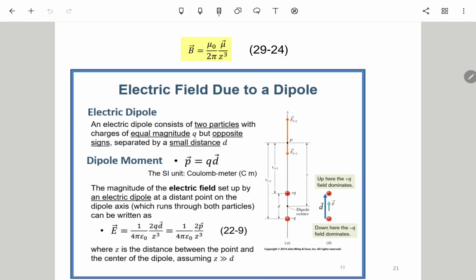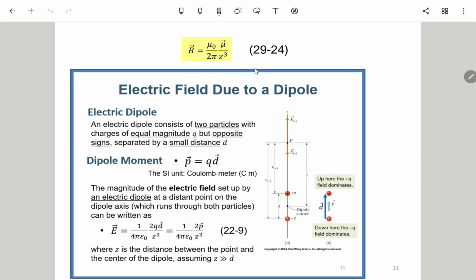Okay, so if your memory is good enough, then you should remember, we have actually learned the E field generated by an electric dipole. At that time we only called it a dipole, but the full name is electric dipole. Okay, so we have the electric dipole generating the E field along the z-axis, having this form, and then you can compare this expression with this one.